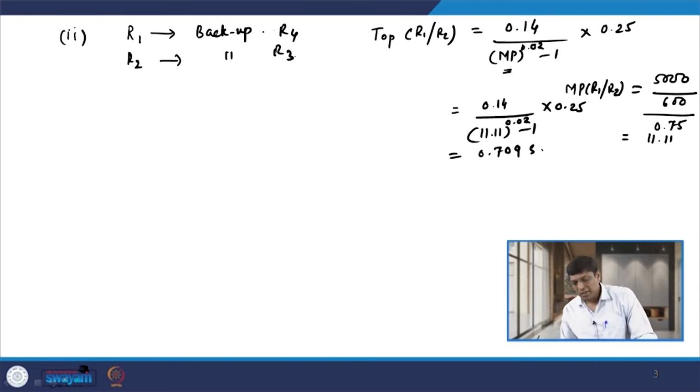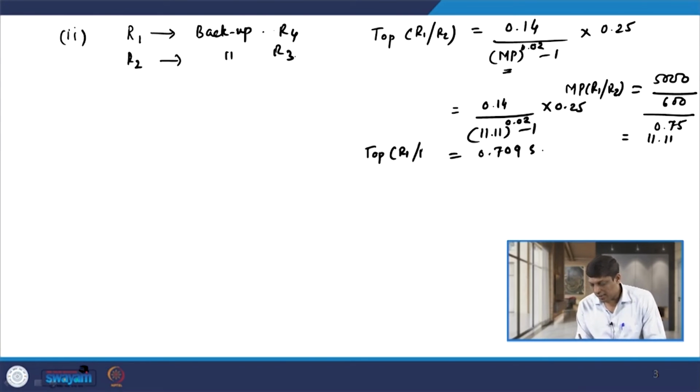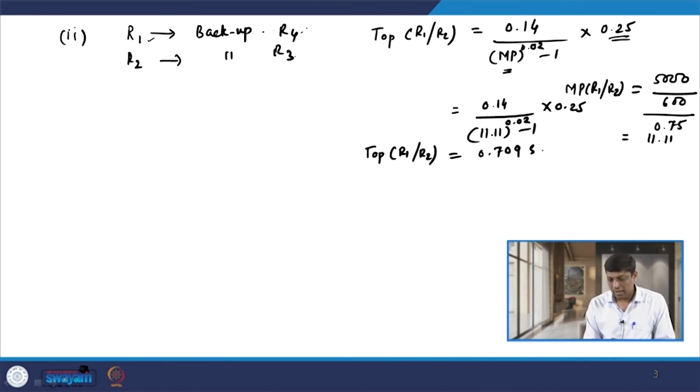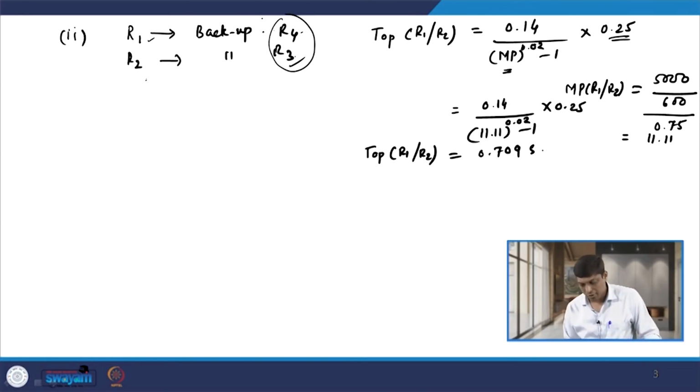So, this is the time of operation of relay R1 and R2 for fault current 5 kilo ampere with time dial setting 0.25. As I told you, R1 provides backup to relay R4 and R2 provides backup to relay R3. So, obviously the time of operation of relay R4 and R3 is lower than R1 and R2.